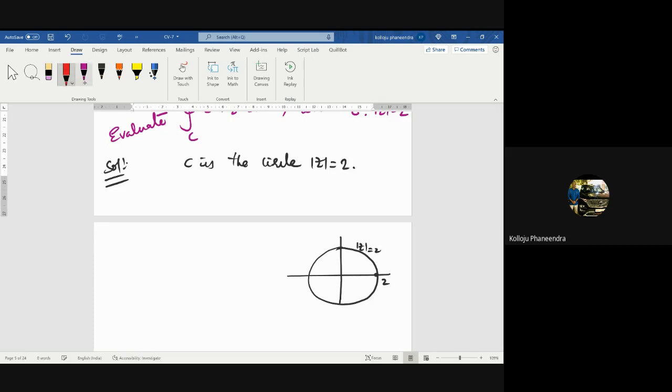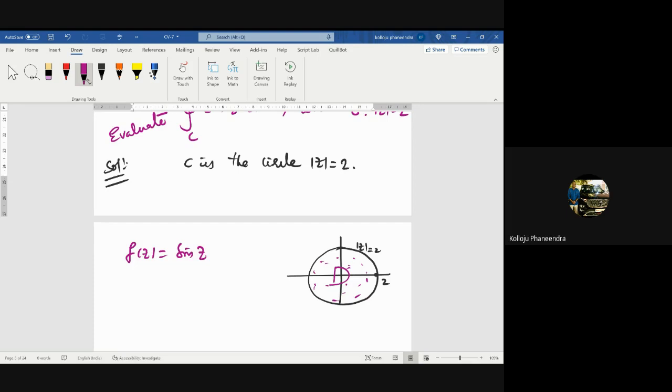And what is my domain here? This entire region is the domain, bounded by the circle mod z equal to 2. Now here, what is f of z? f of z equals sine z.